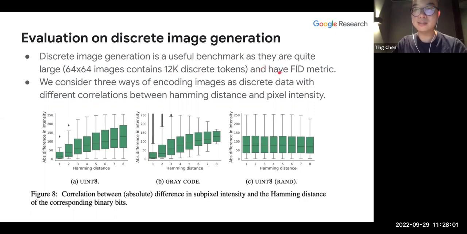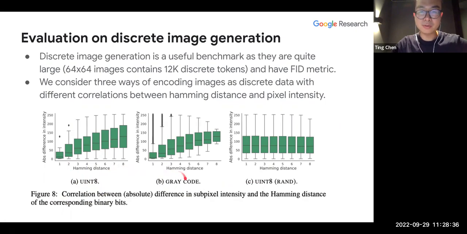And this is easier to evaluate because there is the FID metric which people typically use to evaluate generated image quality. Now we consider 3 discrete encodings for pixels. The first one: because every subpixel intensity is between 0 and 255, you can represent it with 8 bits quite easily by just mapping the uint8 integer into bits.